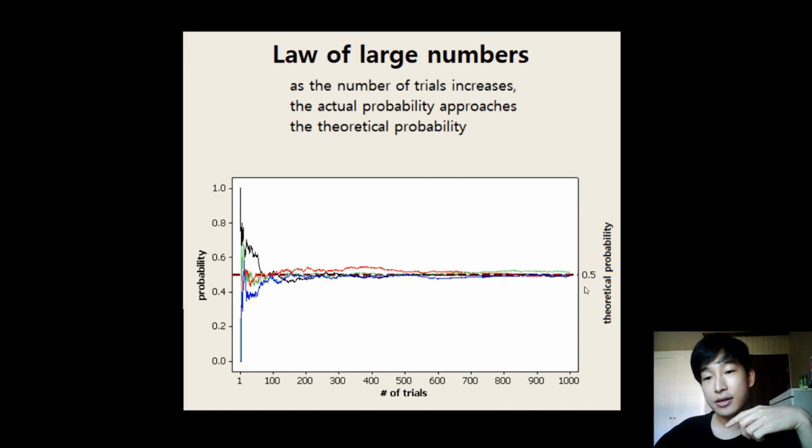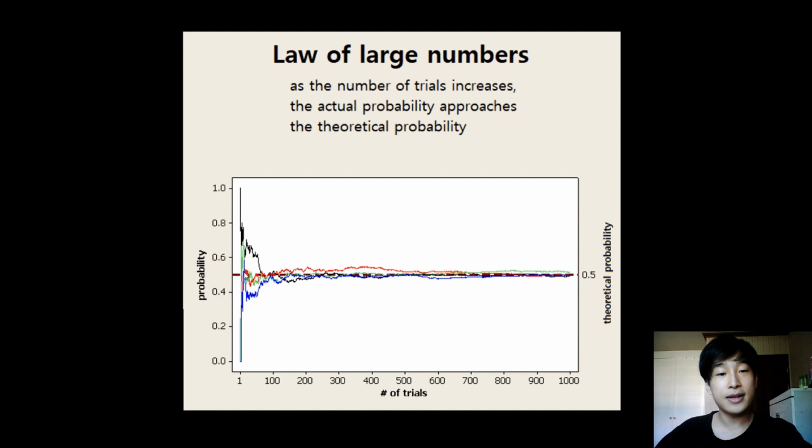And on the right side here, this is pretty obvious. This is the 50%, which is the theoretical probability of flipping heads. And you start flipping the coin. In this early period, you can see it lies from 0% to 100%.